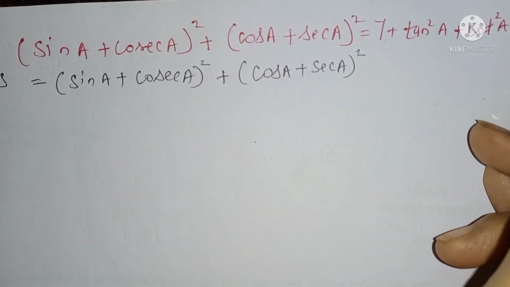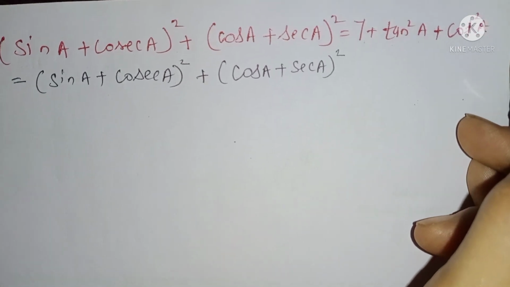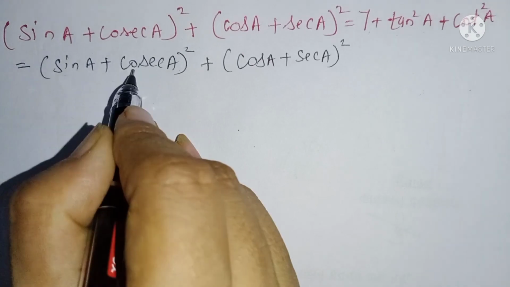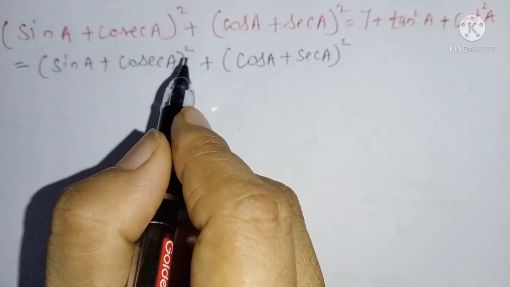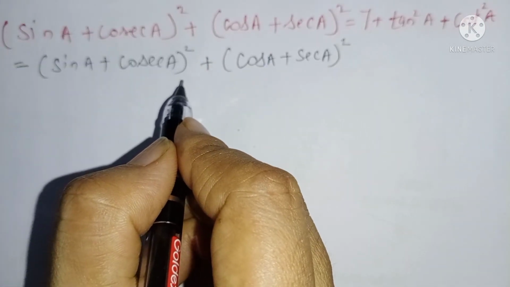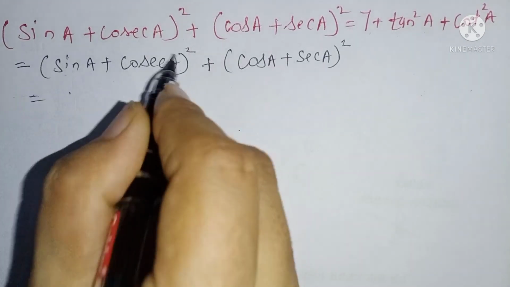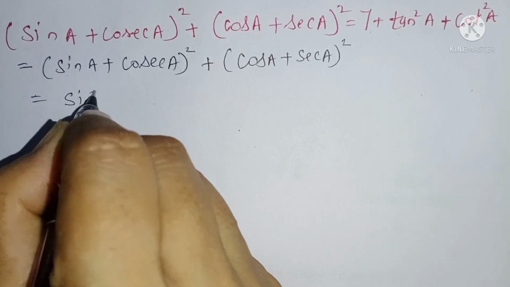First of all we'll expand this by using the identity (a + b)², right? So a means sin a and b means cosec a. So let's expand it: (a + b)² = a² + b² + 2ab.